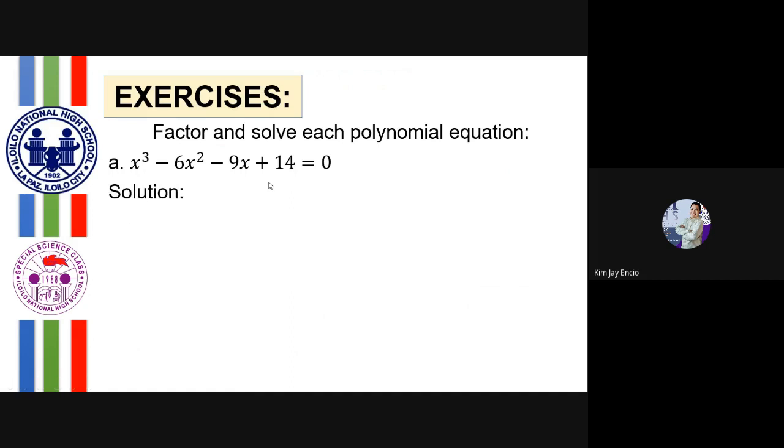Now, I don't know if you could factor this easily, and factoring by grouping may be difficult at some point. But if we apply that concept earlier, the leading coefficient is 1 here, so no big deal.